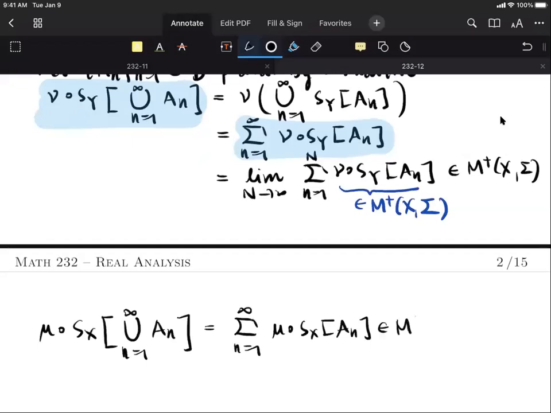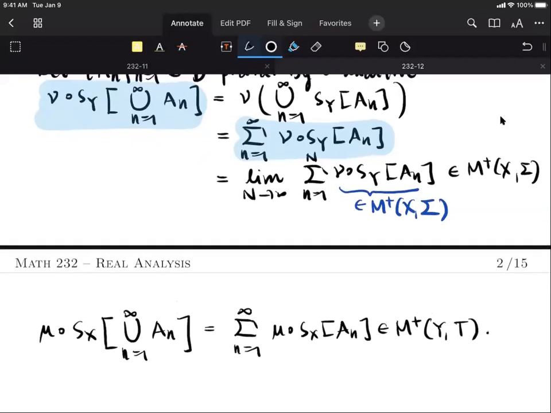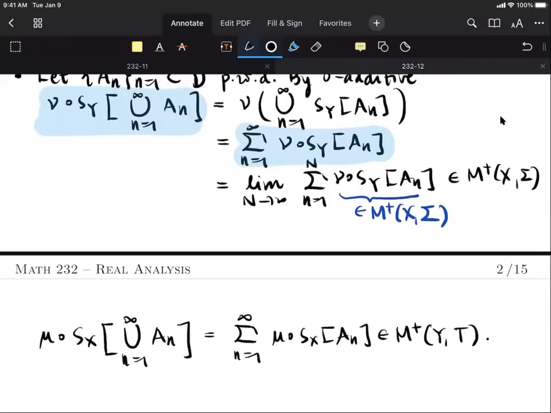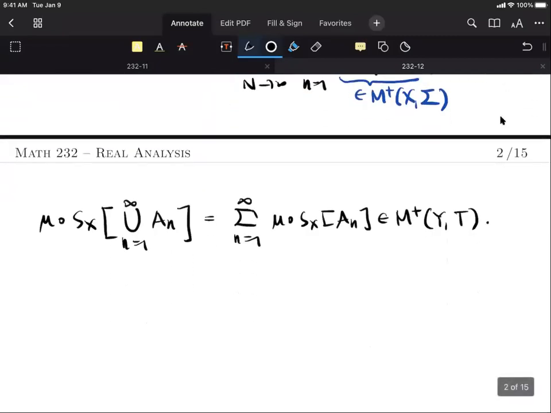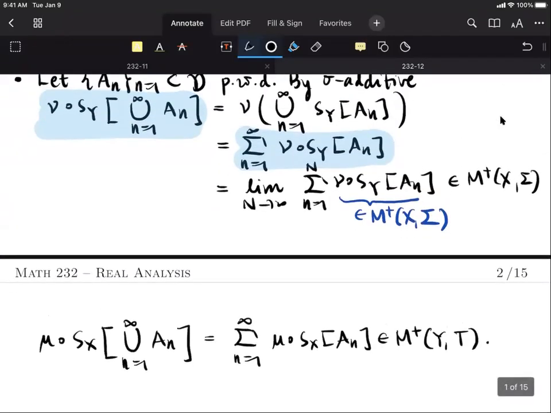And this is also a non-negative measurable function on y. Okay, so this proves measurability and non-negativity. Now we need to establish the equality of the integrals.